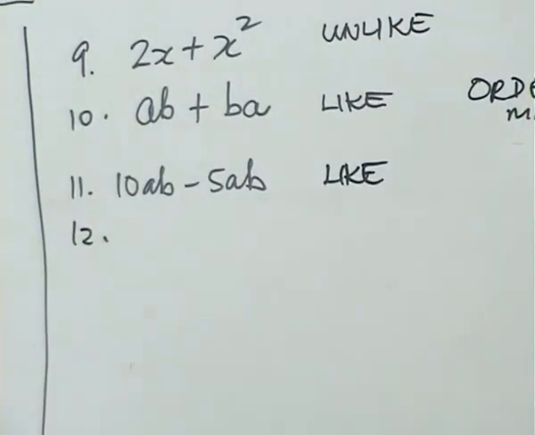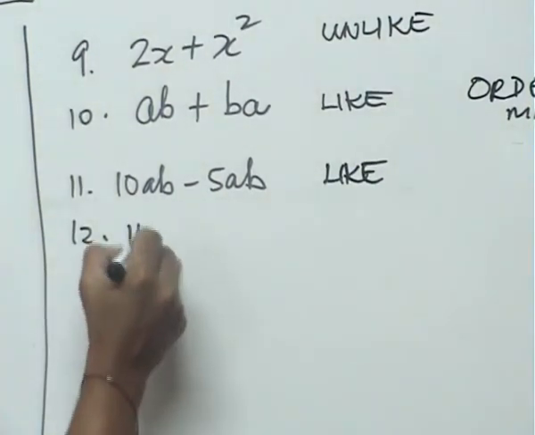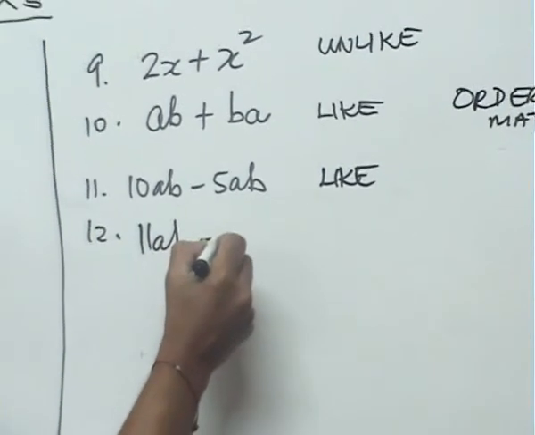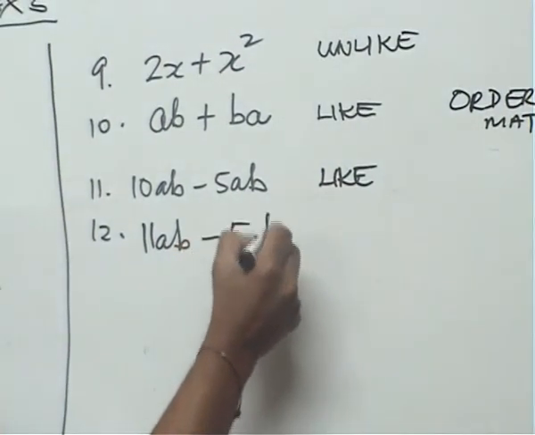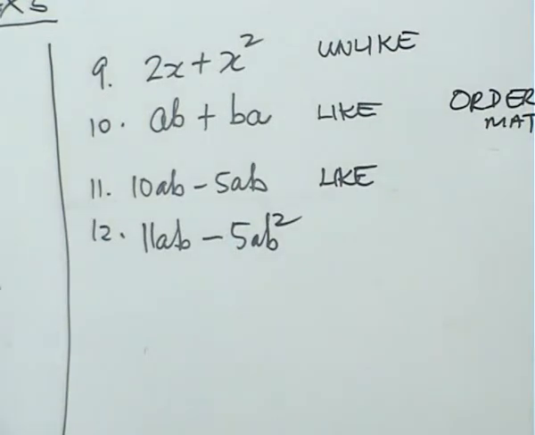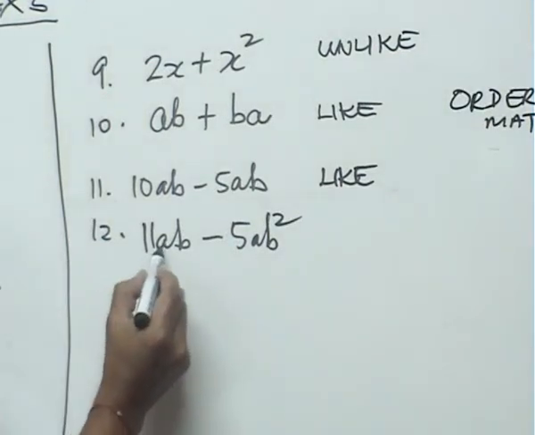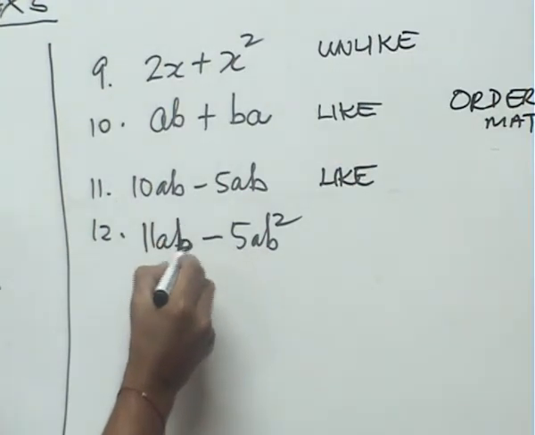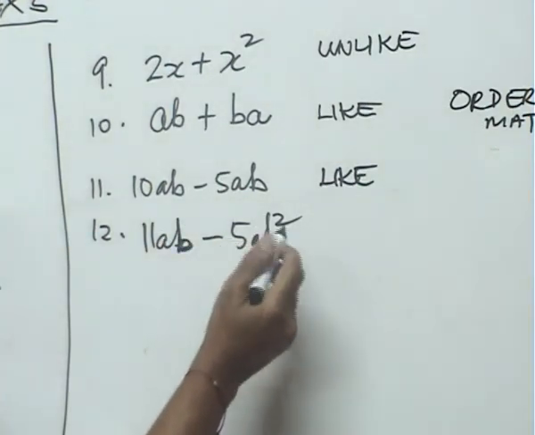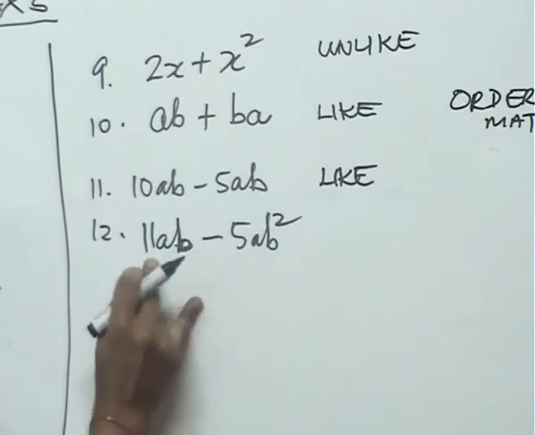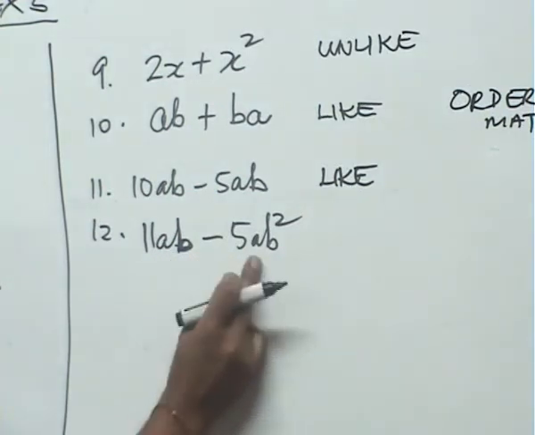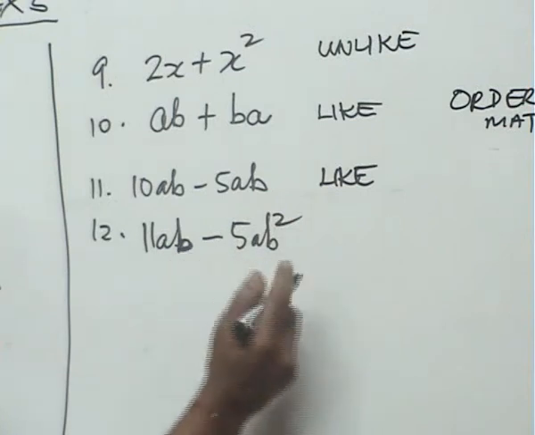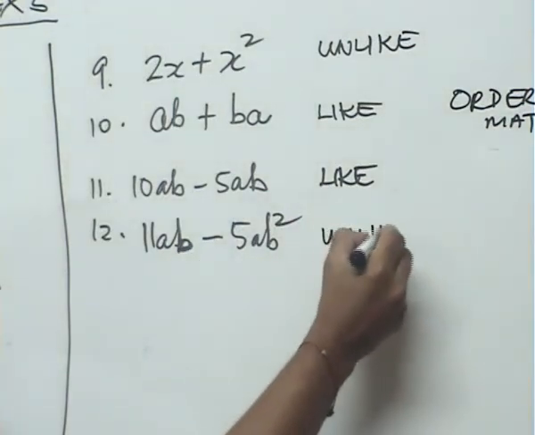Number 12. 11ab minus 5ab squared. Now, you got your a, you got your a. But here you have b and here you have b squared. So the powers are not the same. This is ab and this is ab squared. So this is unlike.